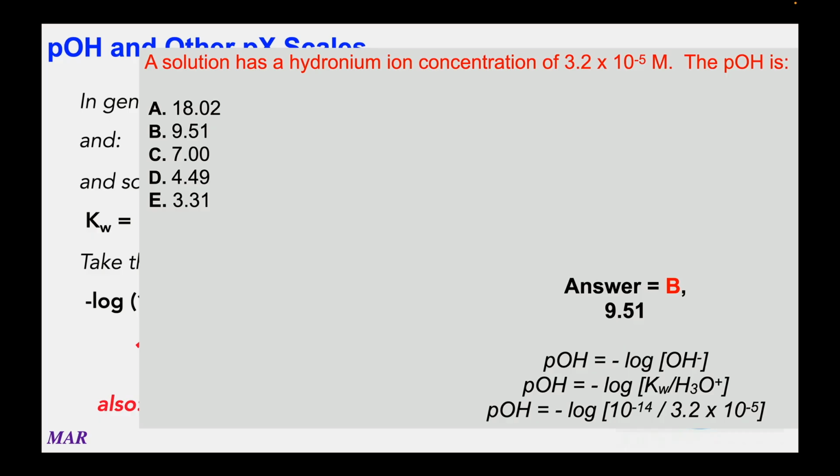A way to check yourself is that the pH of a basic solution should be basic, i.e. the pH should be greater than 7. And you can see on that list up there, C, D, and E are all acidic or neutral, so that's not very helpful. Now, A could be a base, but that would be pretty powerful. Most bases fall off a long time before 14, and that value is 18, so that seems a little unreasonable.